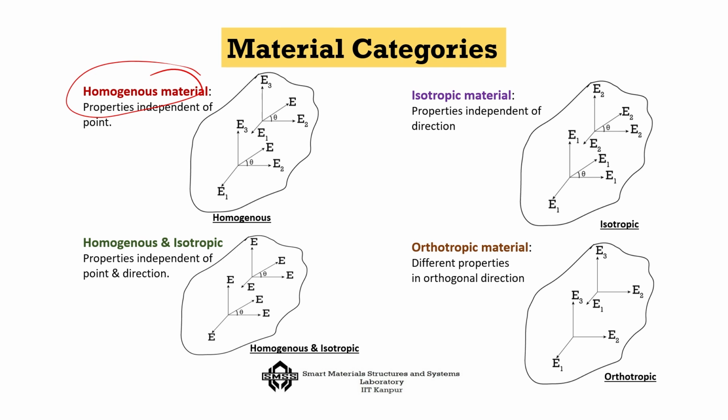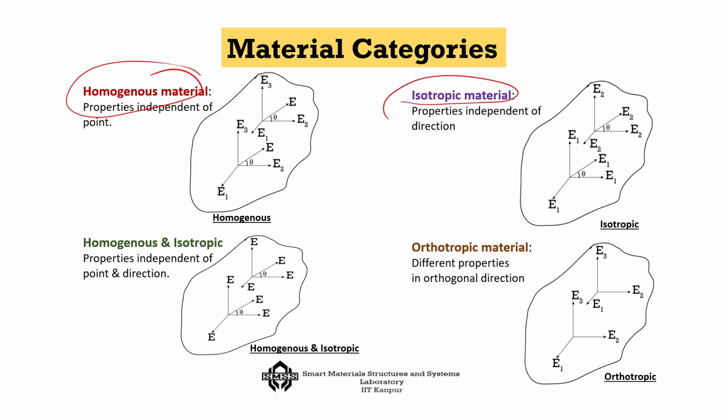Something like a composite, where from point to point these properties are going to vary. Whereas, if it is an isotropic material, that means in a particular direction the properties are not going to change. So, it is going to change from direction to direction, not from point to point. That is the difference between homogeneity and isotropic situation.